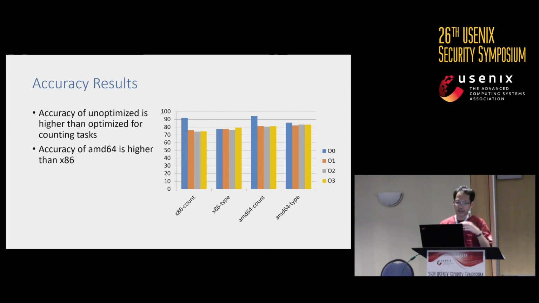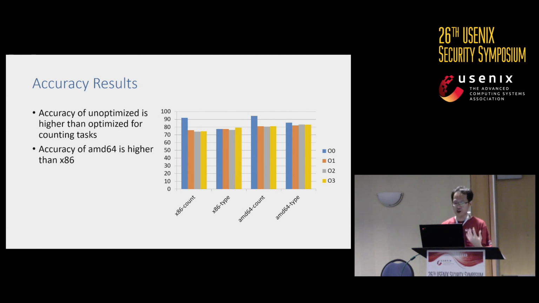But when we take a look at count recovery, we can see that for O0, EKLAVYA has about 95% accuracy, and it drops sharply to about 80% for any optimized binaries, that is O1 to O3. We can see a similar pattern for x86 too.